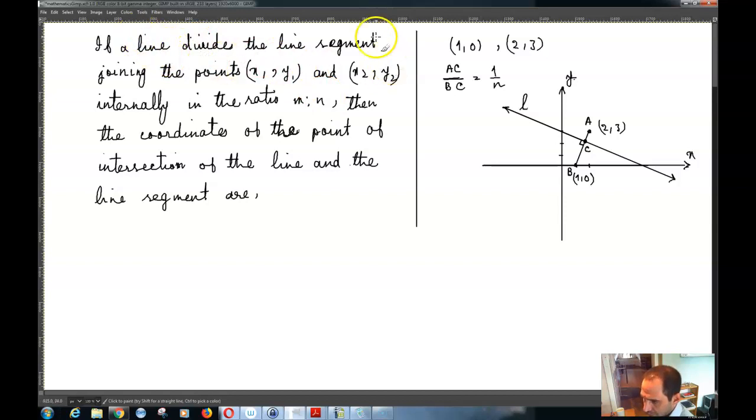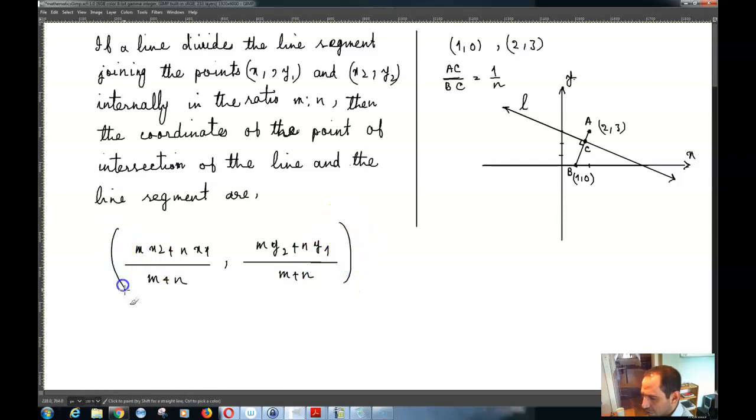Or to simplify, if a point divides a line segment joining these two points internally in the ratio m to n, then the coordinates of that point are this. Those are two ways of saying the same thing. The formula is m times x2 plus n times x1 over m plus n, and m times y2 plus n times y1 over m plus n.